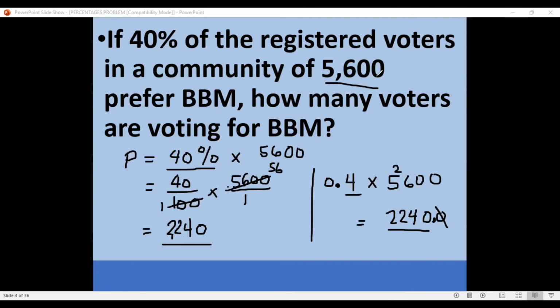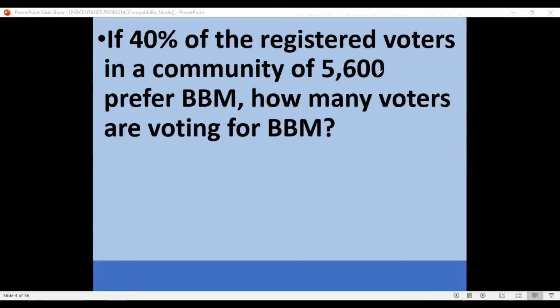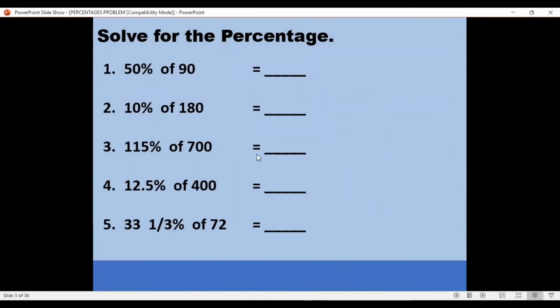So basically, when you are looking for the percentage, what you need to do is to simply multiply the rate with the base. So if you have some examples like this, 50% of 90, you can actually answer this easily, because 50% would mean 1/2.